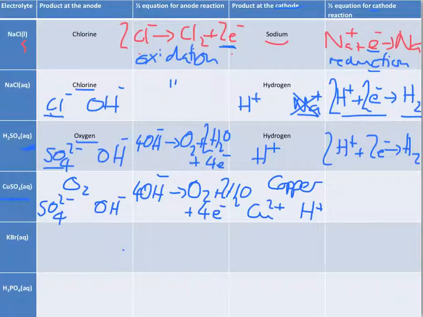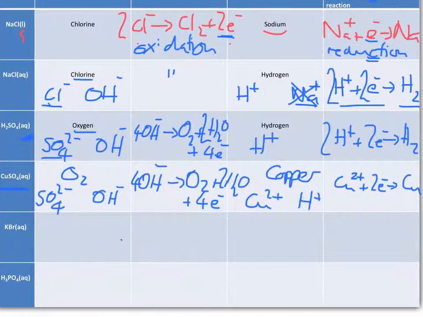Copper has a 2+ charge, so it's going to gain 2 electrons and form copper atoms. So it's gaining electrons, so that's a reduction. Remember OIL RIG.